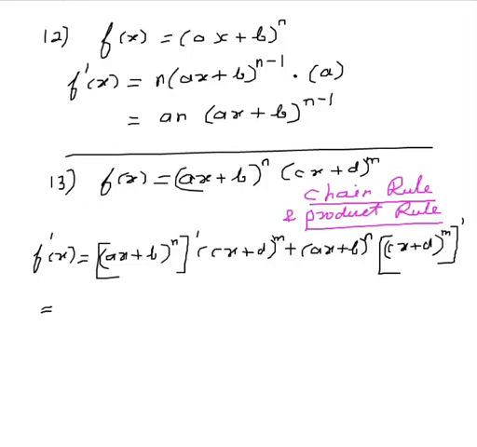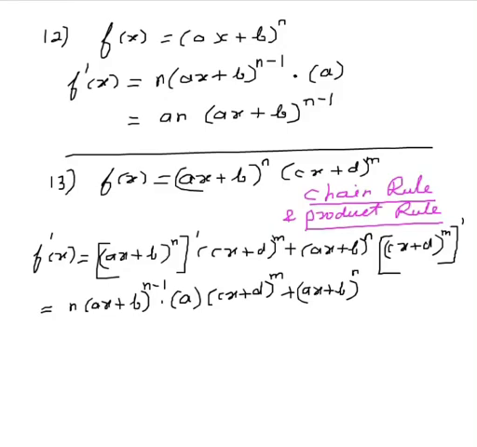To differentiate ax plus b whole raised to n, we are going to use chain rule. The power has to be differentiated keeping the base same. So n into ax plus b whole raised to n minus 1. We have differentiated the power using the formula n into x power n minus 1. Now let us differentiate the base. Differential of ax is a into 1 and differential of b is 0. a plus 0 is a times cx plus d whole raised to m plus ax plus b whole raised to n.